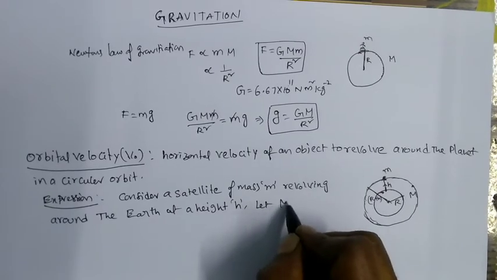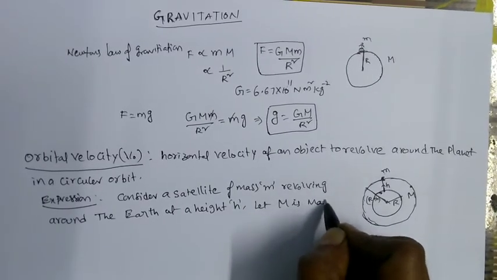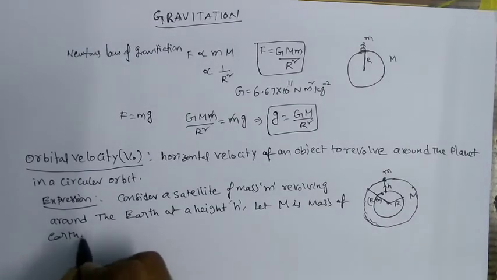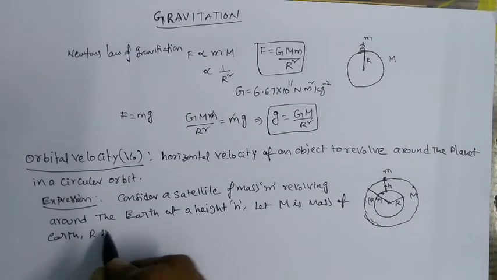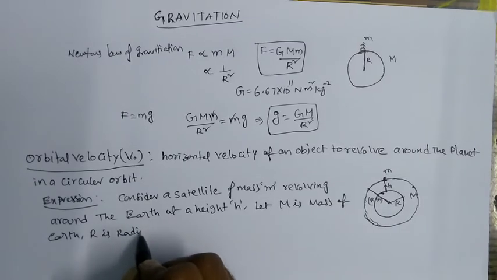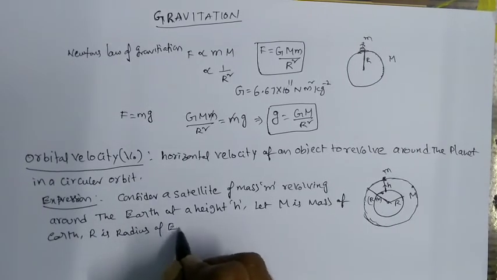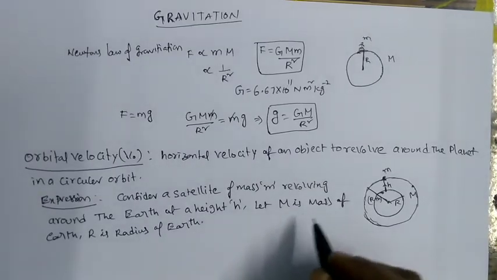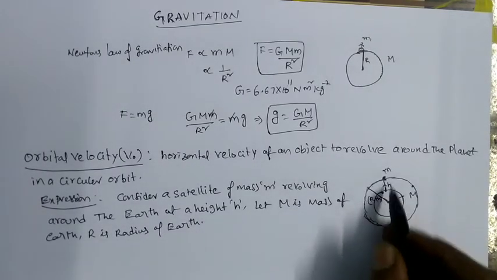Let capital M be the mass of Earth and capital R the radius of Earth. Now you can say the gravitational force between these two.